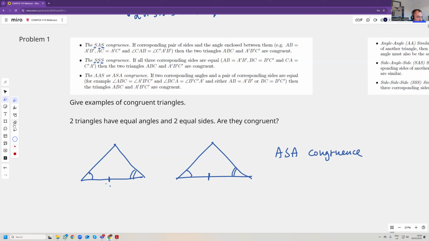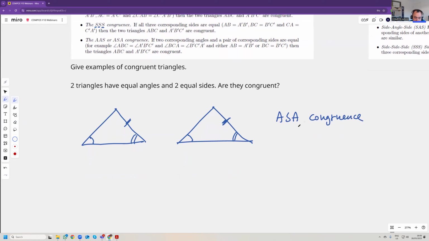Or it could be that the side is on this side, so this side is equal to this side. However, if you have these two angles and this side is equal, then they are not necessarily congruent. That's not a thing. So let me do this.